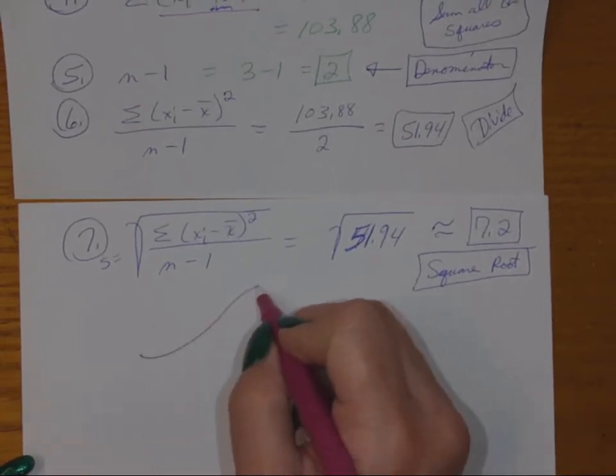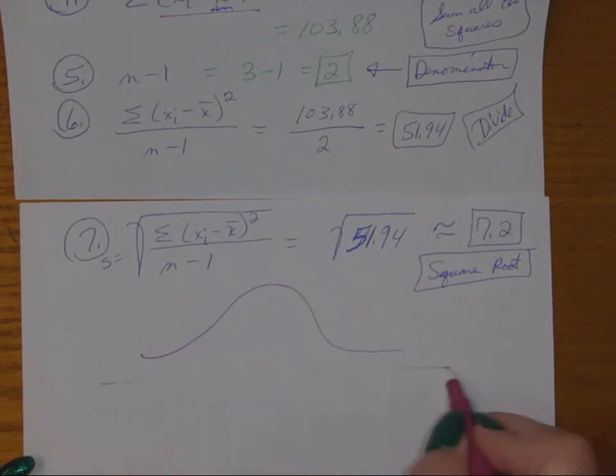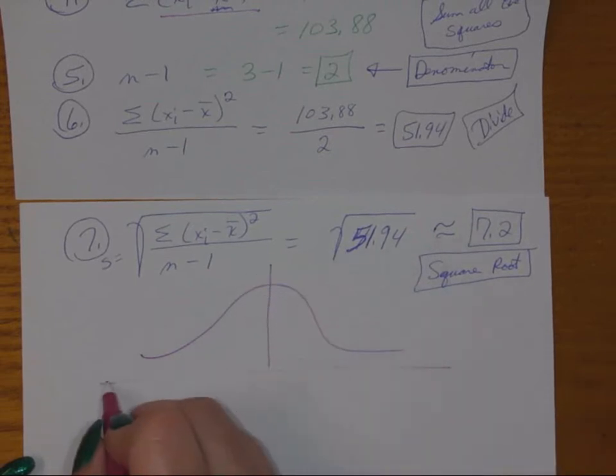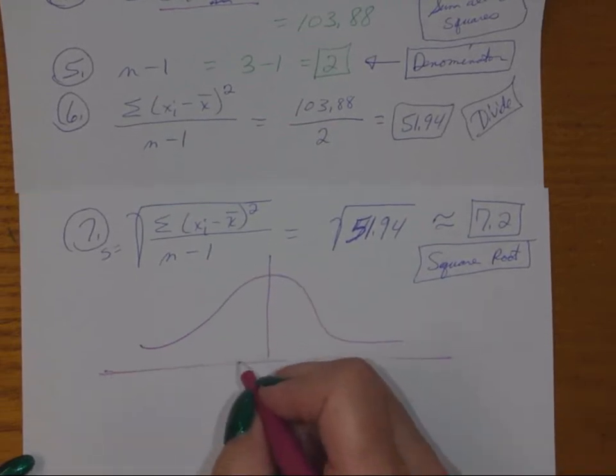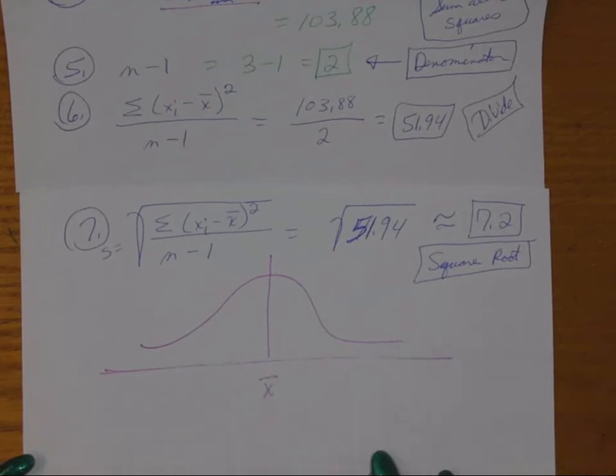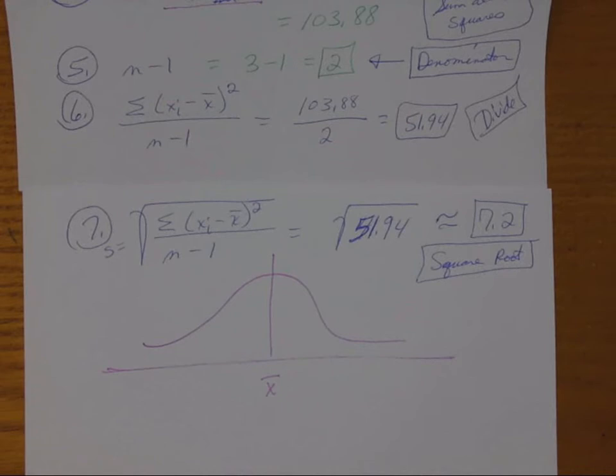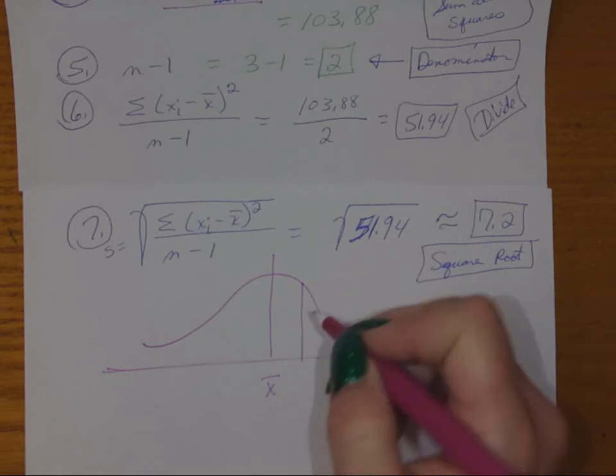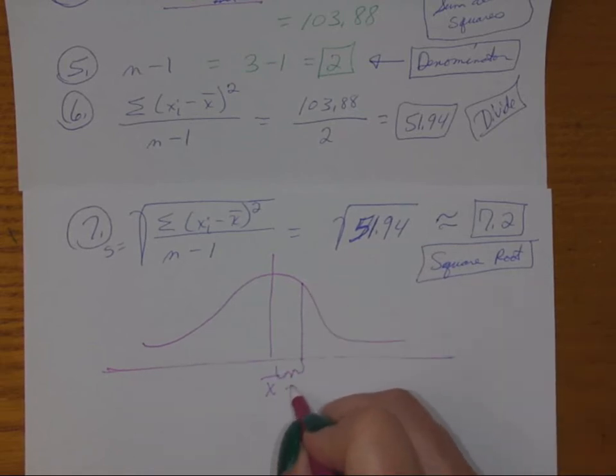If I'm looking at this data set, and my average is right here in the middle, and that's my X bar, which was 57.4, right? Whenever I go to figure out one standard deviation, one standard deviation here is 7.2 units.